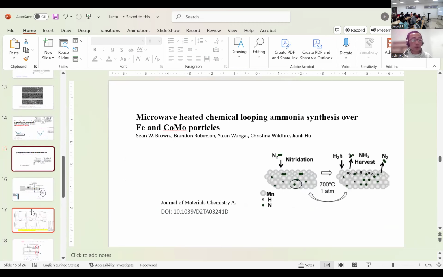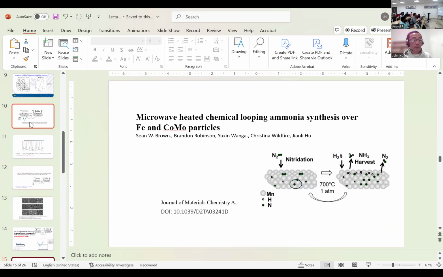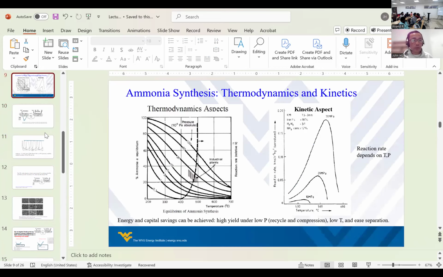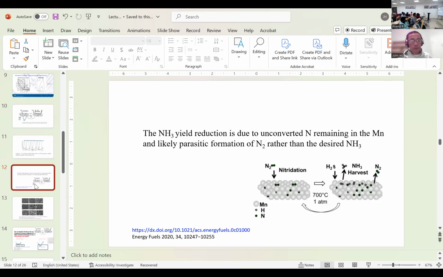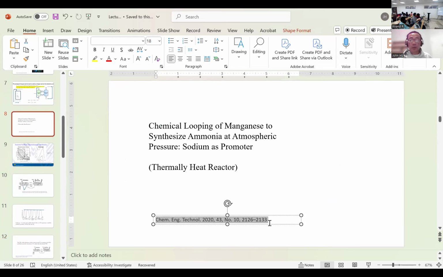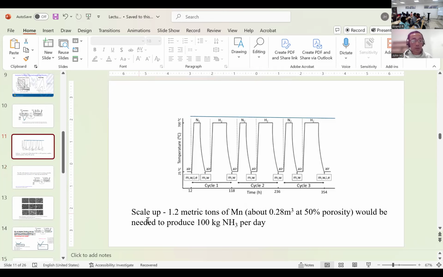Read this, not this one. So read this paper, the first paper, the chemical engineering technology one. I'm going to highlight here. It's one of the papers Dr. Anand sent you. Go back and read that paper. I want you to do an exercise to calculate if you come up with the same conclusion.